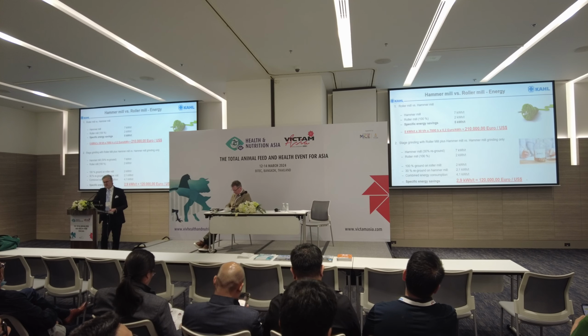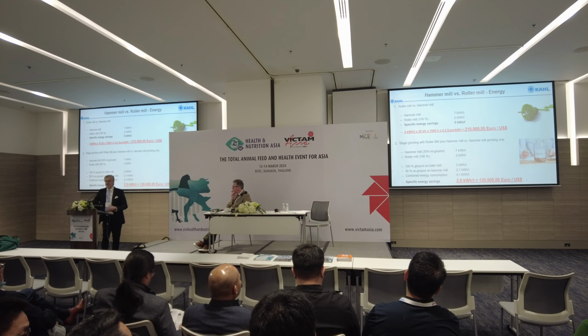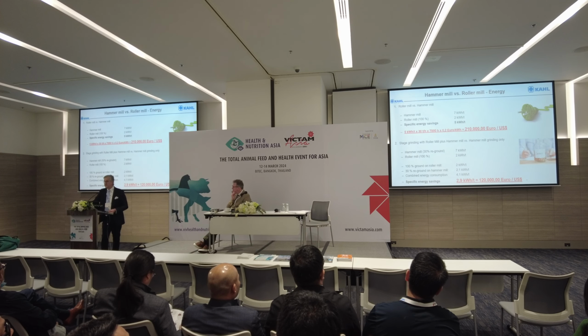So, when you save 5 kWh per ton of operation, depending on your energy costs now, in Europe energy is very high at the moment, you can easily save 200,000 euro, US dollar on energy cost for a typical installation when you install a roller mill compared to a hammer mill.